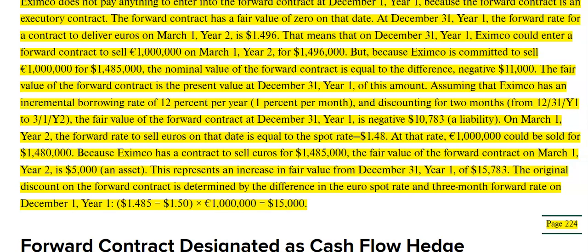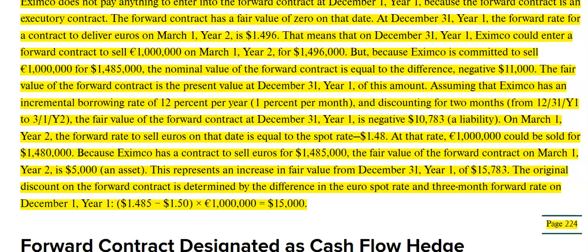Assuming that X&Co has an incremental borrowing rate of 12% per year, 1% per month, and discounting for 2 months, from 12/31/Y1 to 3/1/Y2, the fair value of the forward contract at December 31, year 1, is negative $10,783, a liability. On March 1, year 2, the forward rate to sell euros on that date is equal to the spot rate, $1.48.